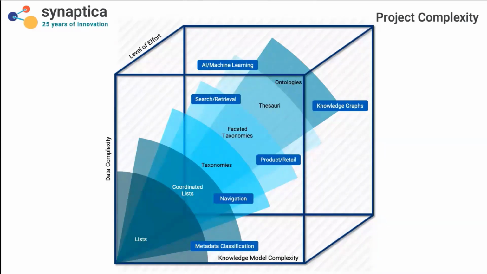As we move up from the bottom left to the top right, the spectrum of applications becomes narrower and more complex. However, the complexity is a gradual building on top of knowledge organization structures which may already exist. In this way, an organization can start out with simple lists or shallow hierarchies and build in complexity and more advanced use cases over time and as each new project comes along.